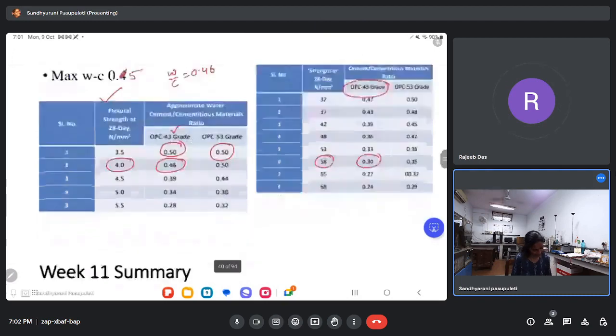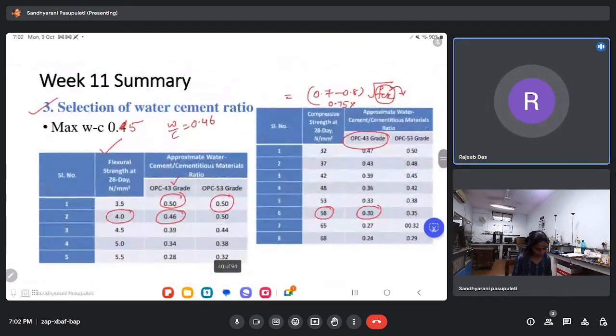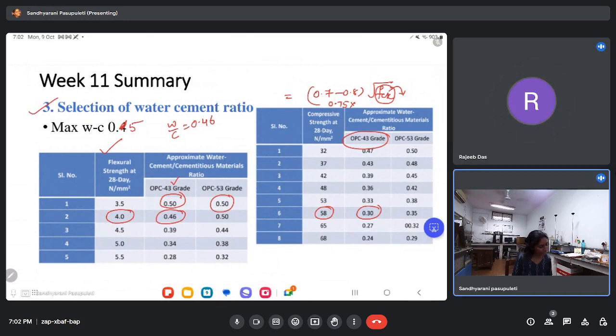So if it is M35 grade concrete, is 35% of M35 the flexural strength? We cannot directly say, because M35 means a compressive strength. From that we have to calculate the characteristic strength. So for our understanding, we can say around 70 to 80 percent of the compressive strength would be the flexural strength.